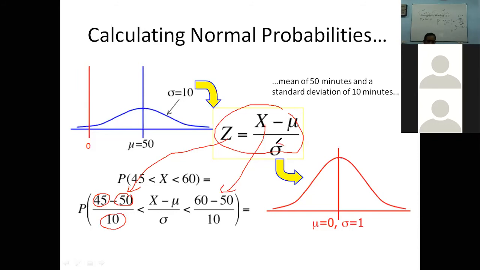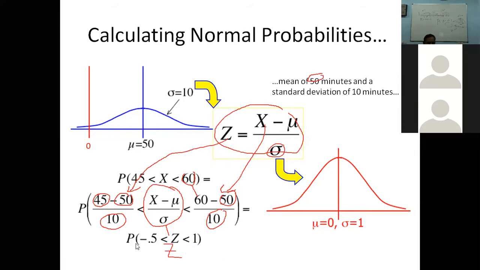That is the formula: X minus mu divided by sigma, which is Z. Then the other value, 60: X minus mu, mu is 50, then divide by sigma. That is the conversion that we do.